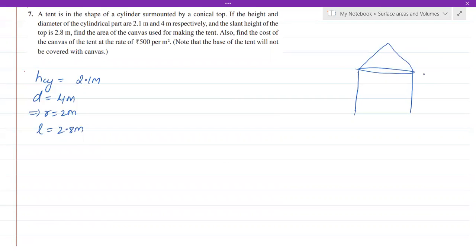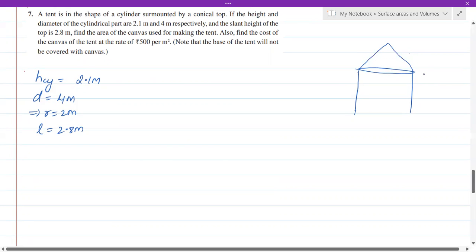The slant height of the cone is 2.8 meter. Now what we have to do is find the area of the canvas used for making the tent. To make this kind of tent, obviously we would have used canvas for the conical curved part and for the curved part of the cylinder. That's it. In the bottom, it is always the ground, right? Here we don't cover with canvas.